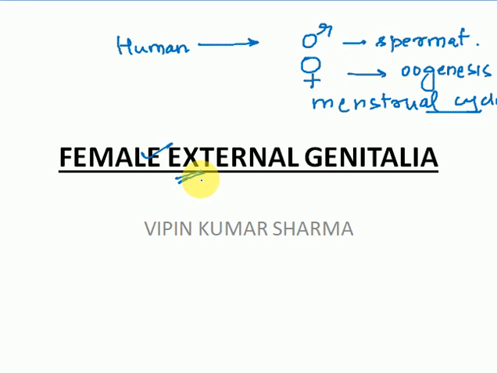We have already made two videos in the female reproductive system topic, in which we talked about the general account, and in the next video we talked about the structure of the uterus and the different layers of the uterus. For example, there are the endometrium, myometrium, and perimetrium layers. We talked about all of those.